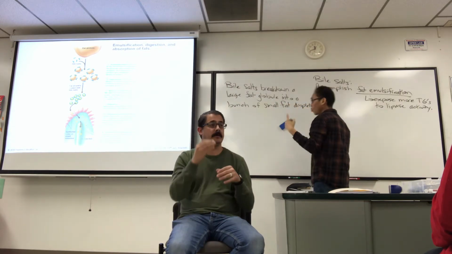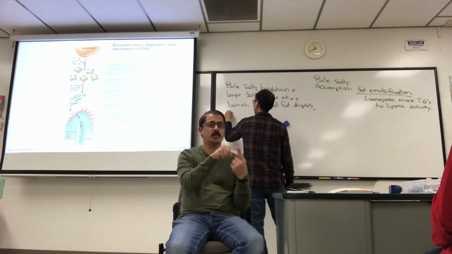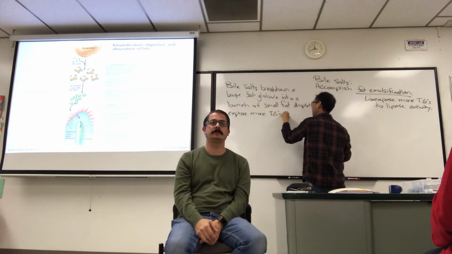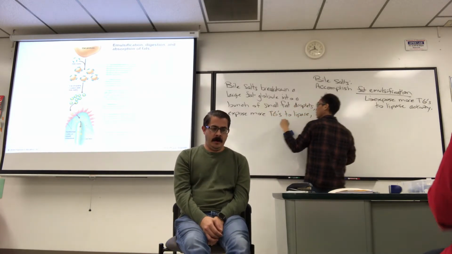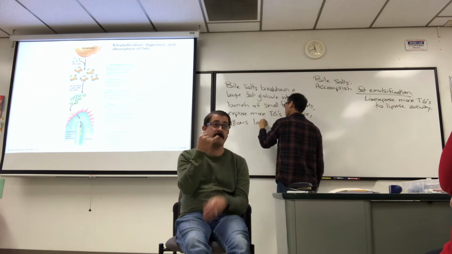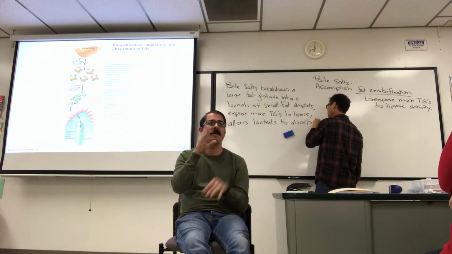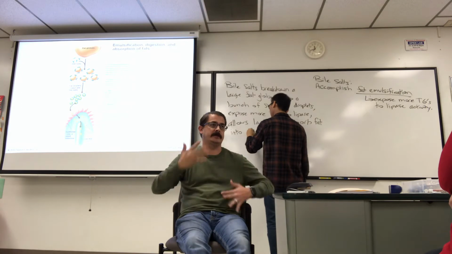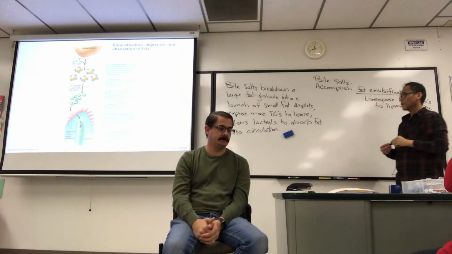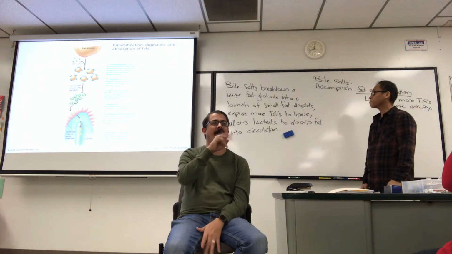Making them smaller, again, number one, you expose more triglycerides to lipase. And number two, making them smaller allows lacteals to absorb fat into circulation. The lacteals are at the bottom of the slide, and that's kind of what you see, the fat absorption there into the villi of the small intestine.